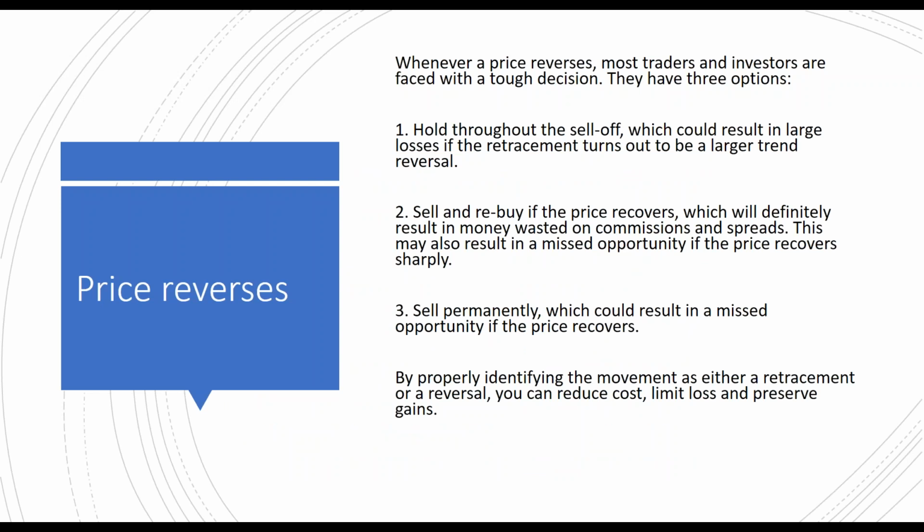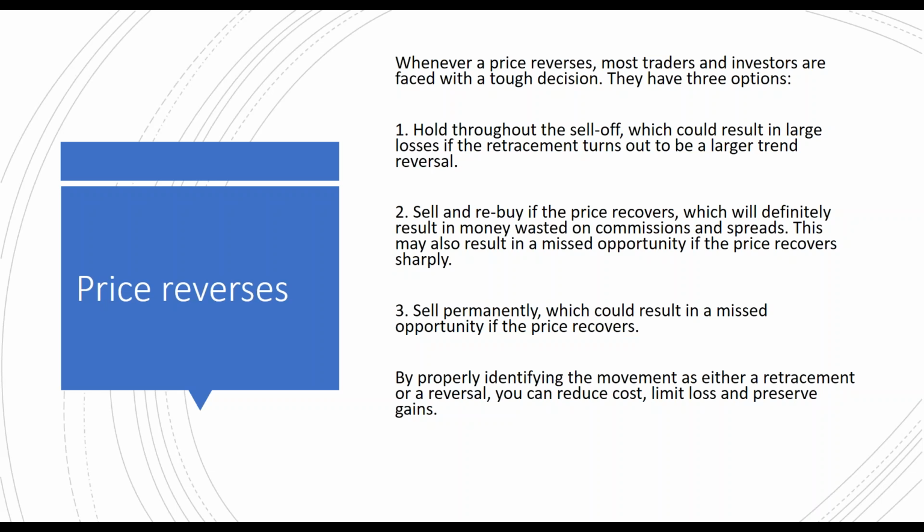So whenever a price reverses, most traders and investors are faced with a tough decision. You have three options. One, hold your asset through the sell-off, which could result in large losses if the retracement turns out to be a larger trend reversal. Two, sell and rebuy if the price recovers. Unfortunately, this is what too many people do, which definitely results in money wasted on commissions and spreads.